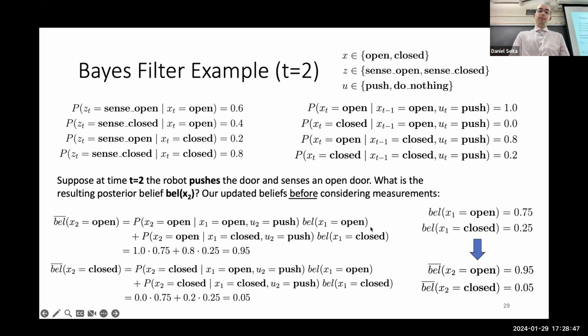So if that is our belief before we take into account the measurement, what do you think the updated belief should be after the measurement here? Will the belief of x2 is open increase or decrease from 0.95? Will it go up or down?